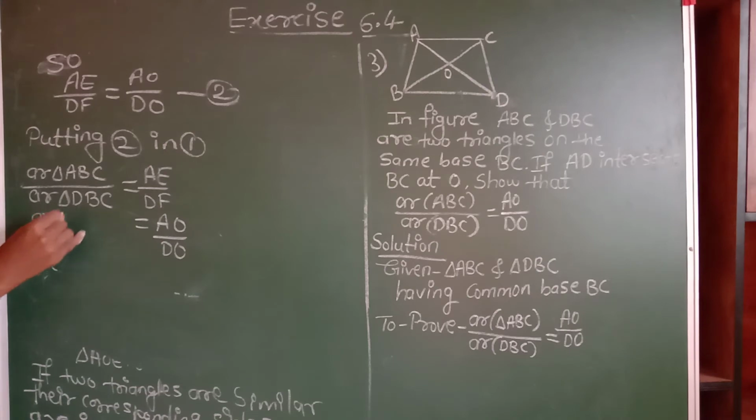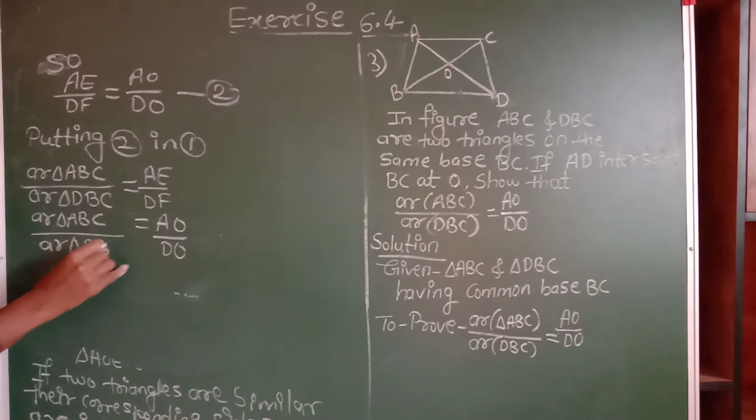Area of triangle ABC divided by area of triangle DBC is equal to AO by DO. Hence proved.